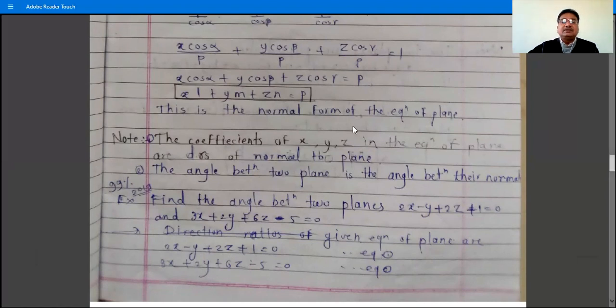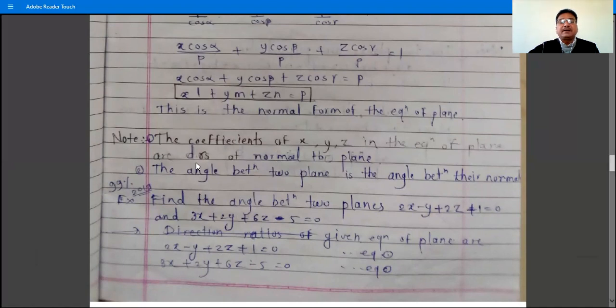So the note is that the coefficients of x, y, z in the equation of plane are the direction ratios of the normal to the plane. If the sum of their squares is 1, then they are direction cosines.